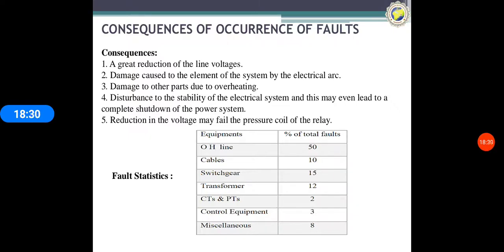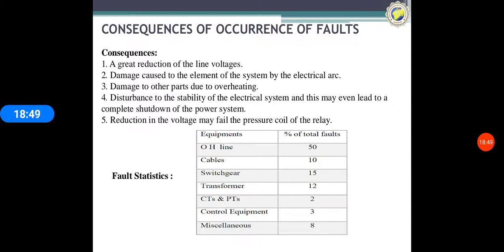Now the fault statistics: which type of fault occurs most often in our power system. Here you can see that the overhead line has 50% of faults.